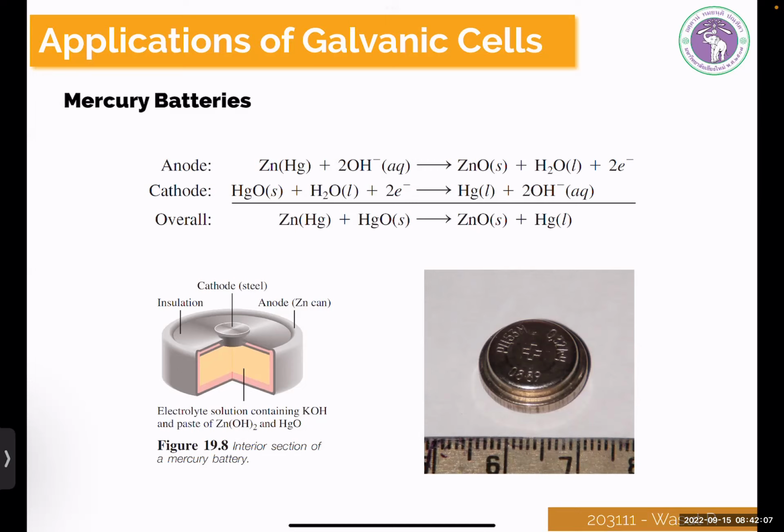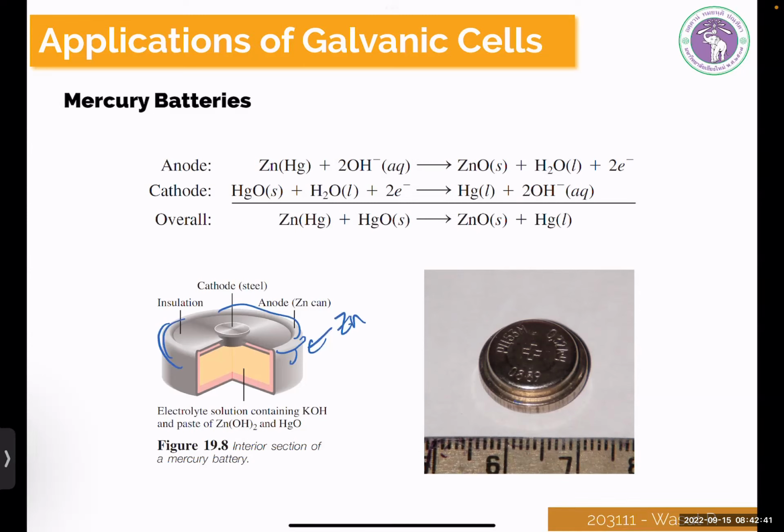Mercury battery. They are very small and very thin. Okay, so you can see here that they also use zinc as the anode, just like the previous type of battery. But what is the cathode? Well, the cathode is mercury(II) oxide, and it gets reduced into mercury, right? So what's the structure anyway? You have the coating of the zinc.